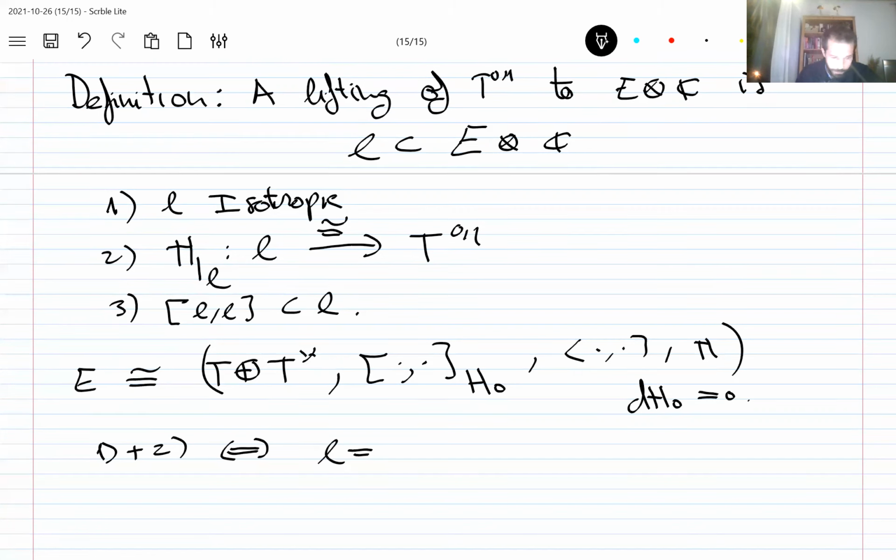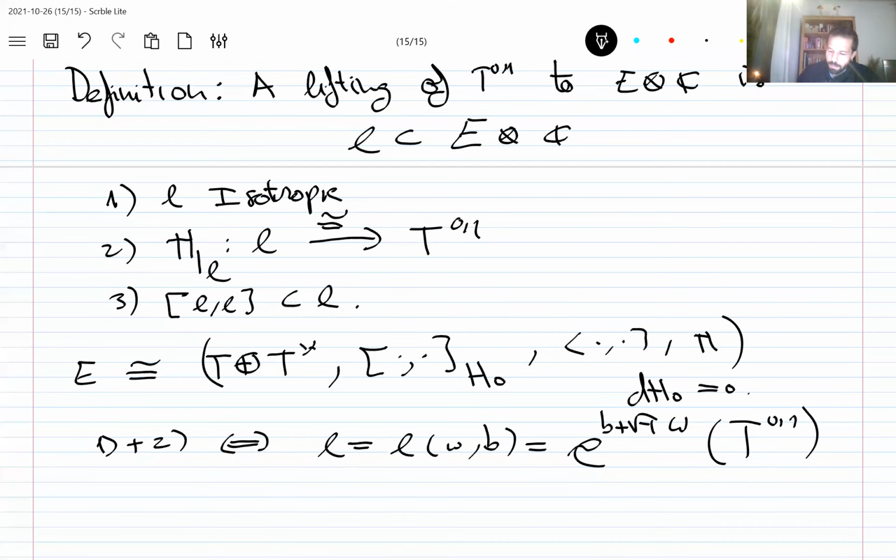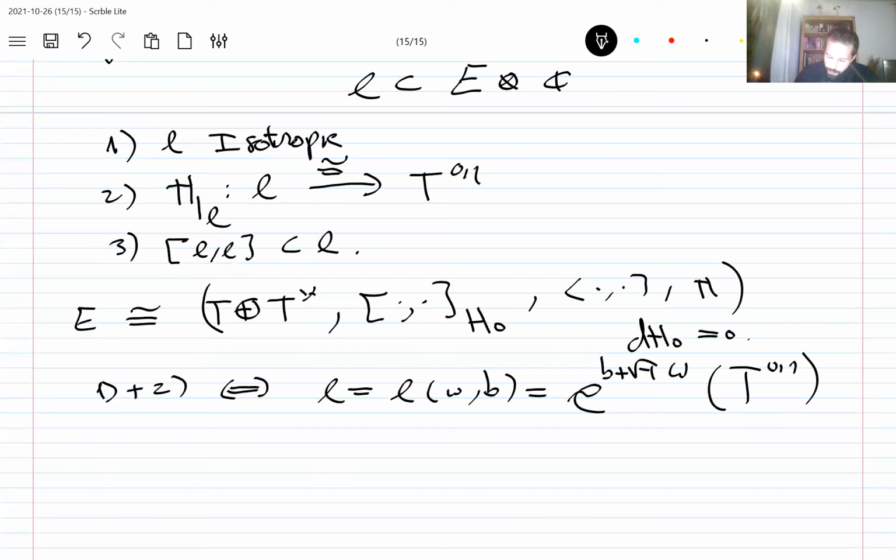Let me call this L omega B, the B-field transformation via B plus square root of minus 1 omega of tangent 0-1, where B is a real 2-form and omega is a real 1-1 form.